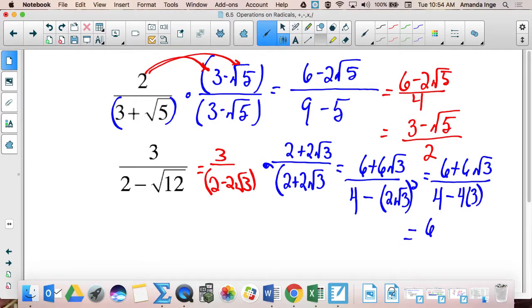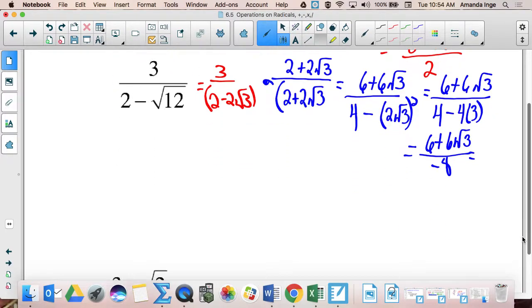So that's 6 plus 6 square roots of 3 over negative 8. Now, I don't mind you having a negative number in the denominator. I think your textbook always gives you a positive number there. But we would need to divide by 2, so we'll divide by a negative 2 and get 4, negative 3 minus 3 square roots of 3.